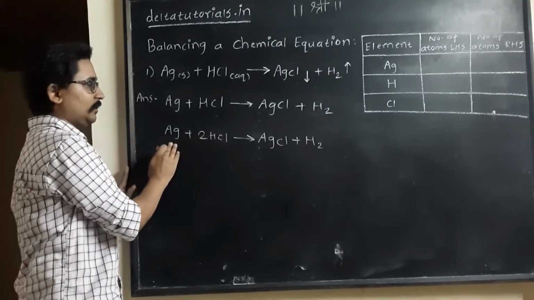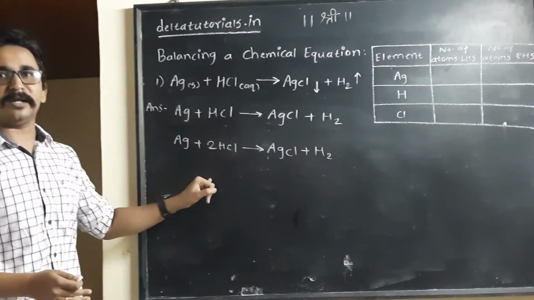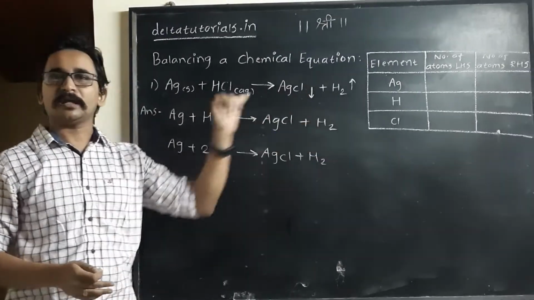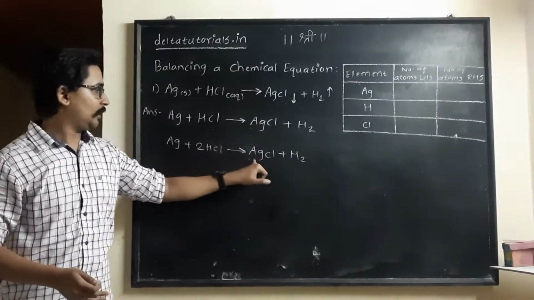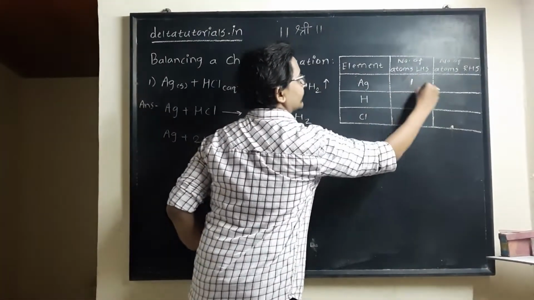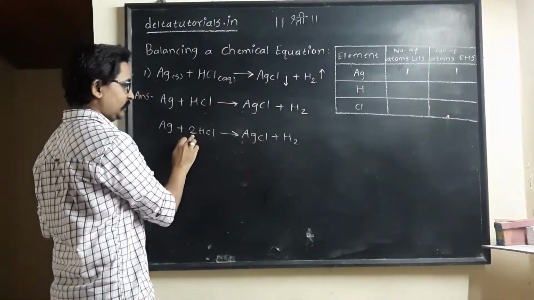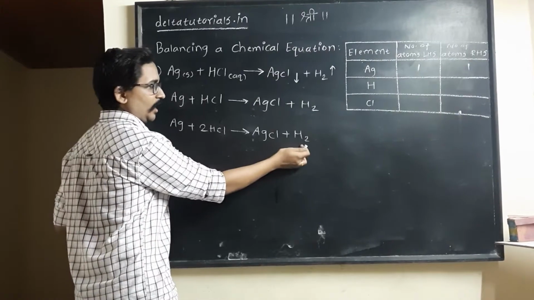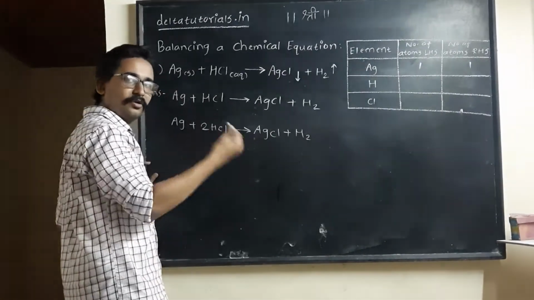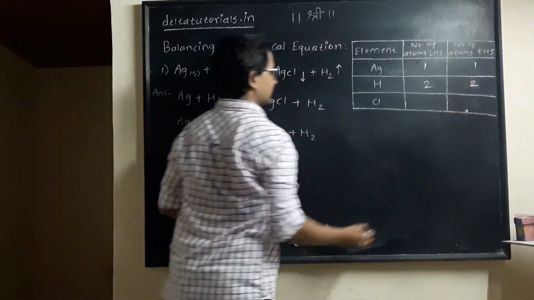Let's again check how many atoms of each element are present on the left and right hand side. For silver, again we have 1 and 1. In case of hydrogen, just now we have balanced it, 2H, that is 2 atoms of hydrogen over here, and H2 means 2 atoms of hydrogen on the right hand side also. So hydrogen is also balanced.